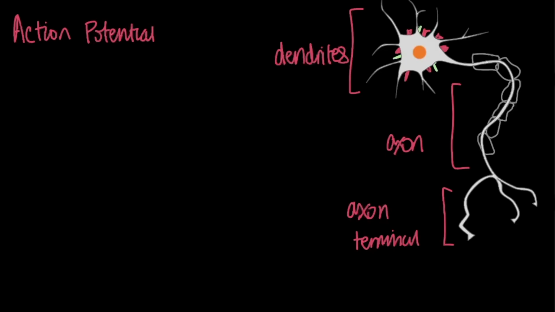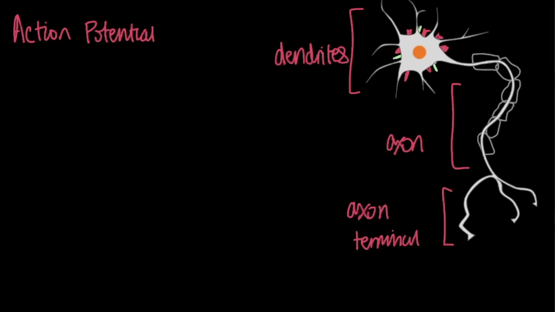So the neuron's membrane controls the movement of charged ions. In this case, it's mainly sodium and potassium. And because more positive ions are kept outside the cell at rest, when it's not doing anything, no electrical signal, nothing, the cell is negatively charged.